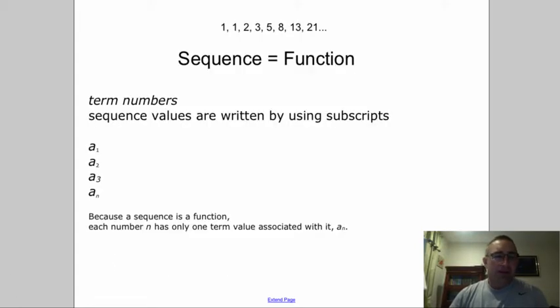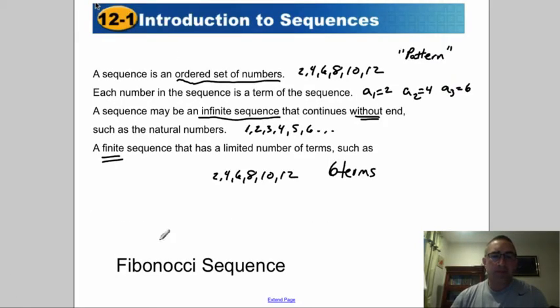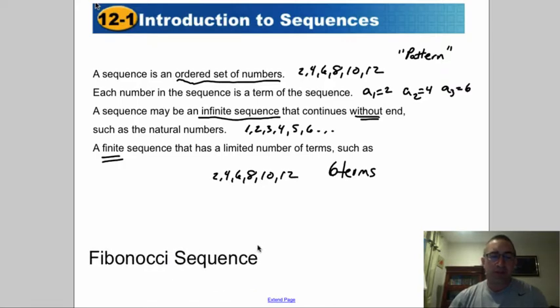Excellent. All right. Now, what I'd like to do is introduce you to an interesting special sequence of numbers that we can work with, named after a famous mathematician, Fibonacci.